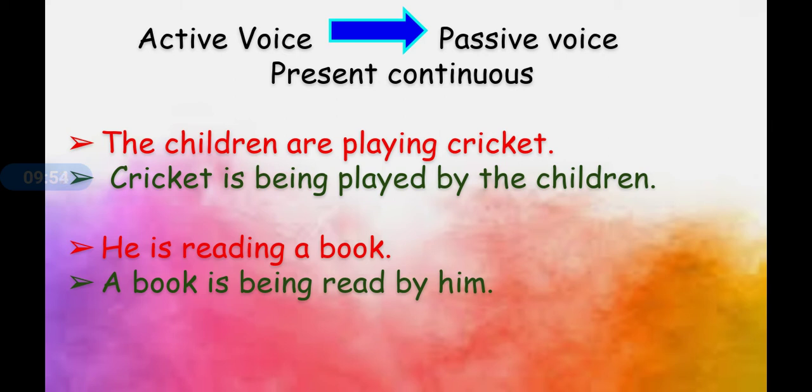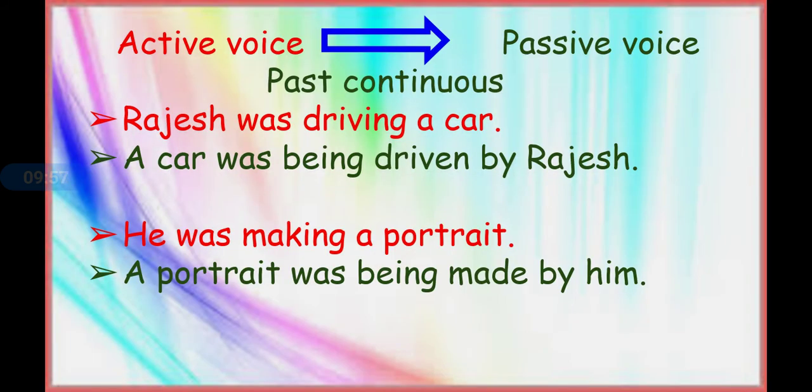Now let us know how to convert a sentence which is there in past continuous tense to passive voice. Rajesh was driving a car. Here, the subject is Rajesh and object is a car. We have to make a car as a subject of the passive voice. A car was being driven by Rajesh.